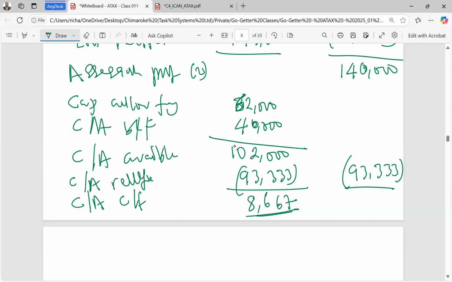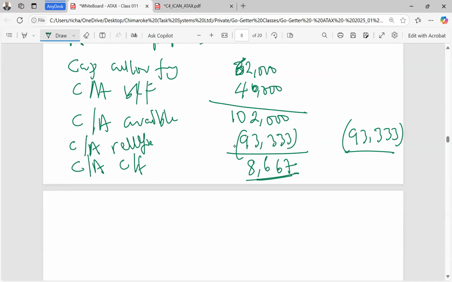Then what you will not do here, you will not say total profits 140 minus this 93,333.